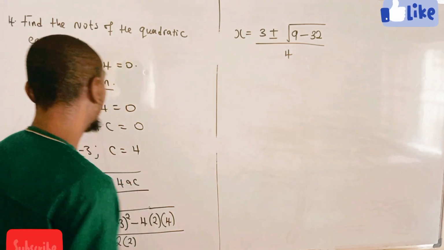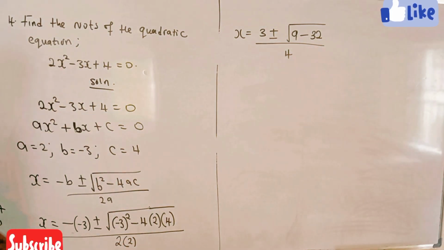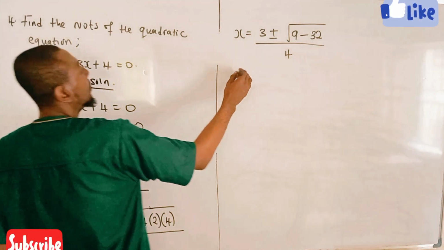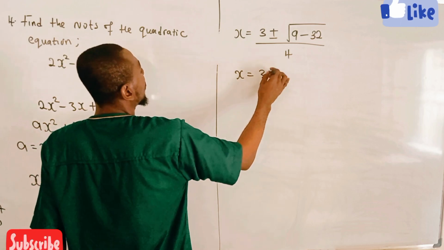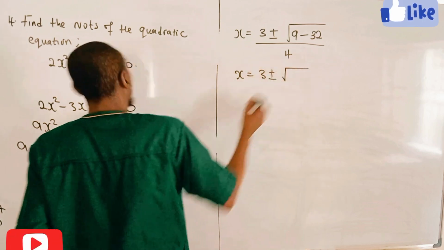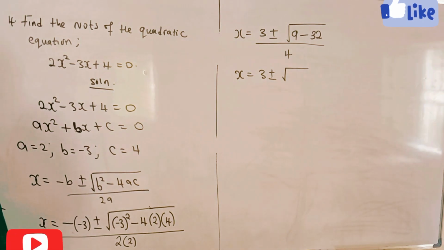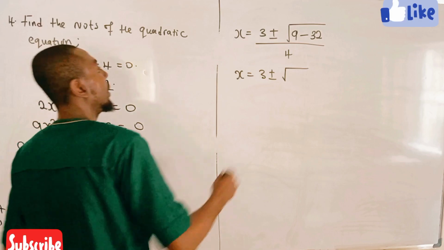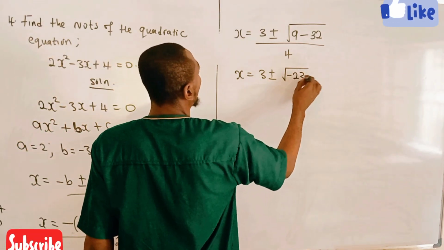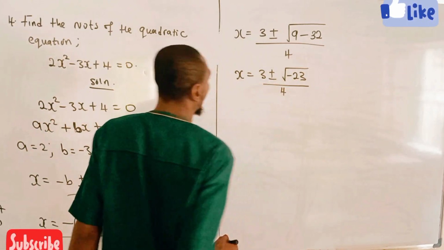So we're now having x equal to 3 plus or minus the square root of, of course, we are going to subtract, 9 minus 32 will give us minus 23, all over 4.